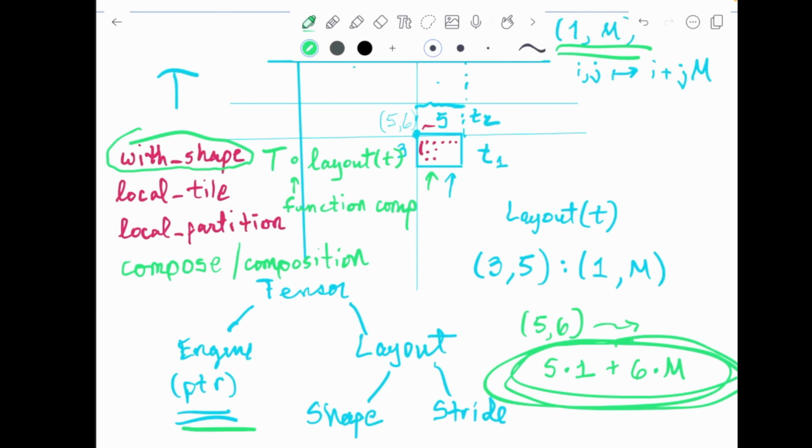If the layout is entirely static, if the layouts being composed are made entirely of those compile-time integers I was talking about, then you can compose it at compile time. But some things would need to wait until runtime.